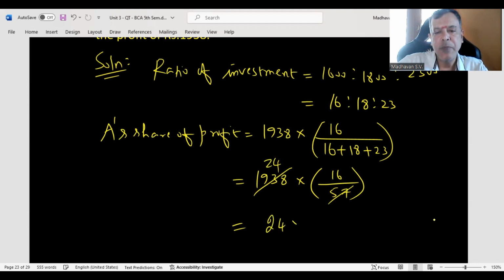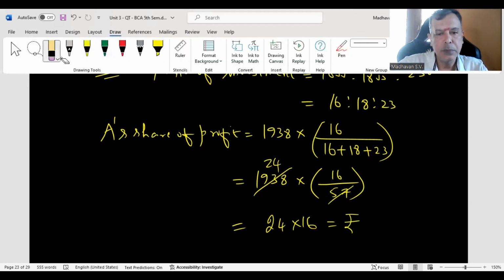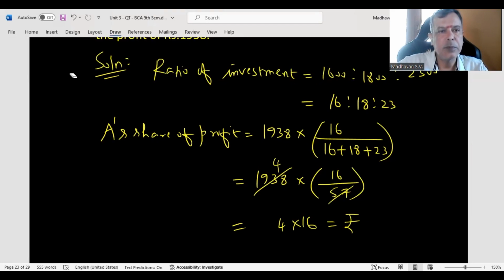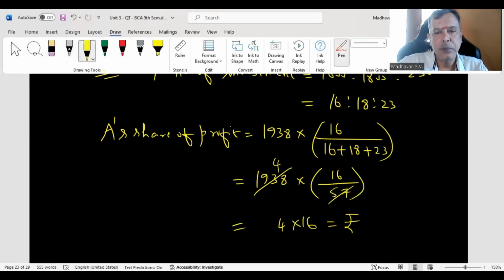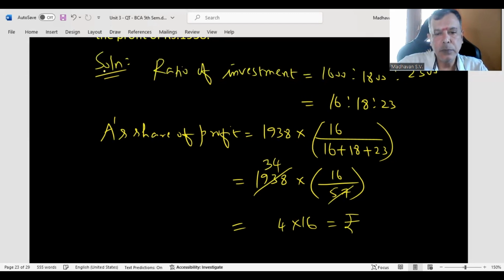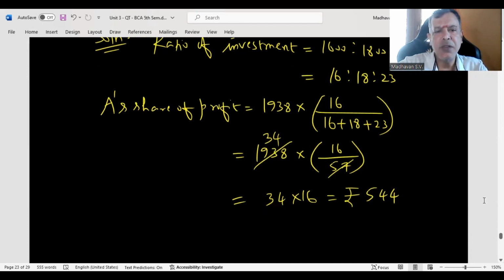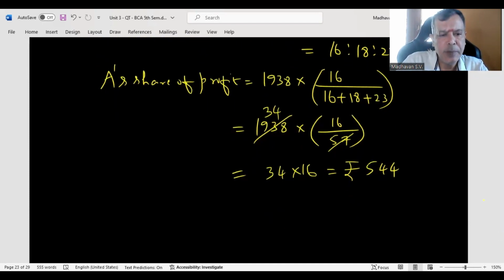So 34 into 16 is 544, that will be the A's share of profit. Now, 1938 and the denominator 57 are constant, which means this 34 will be constant for others' share calculation.